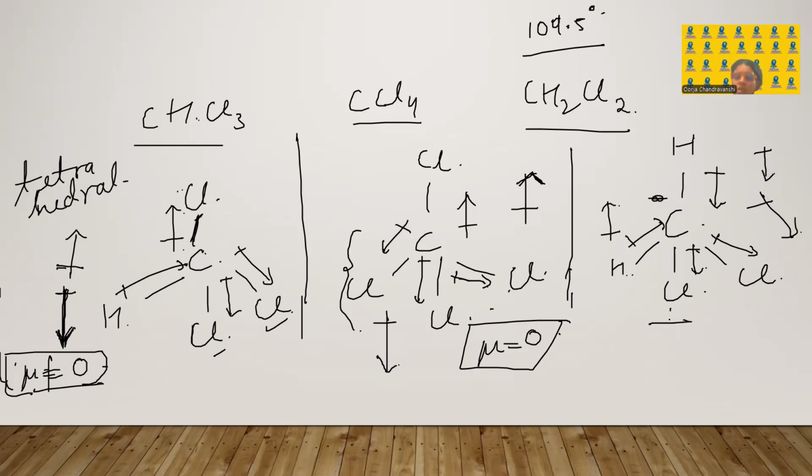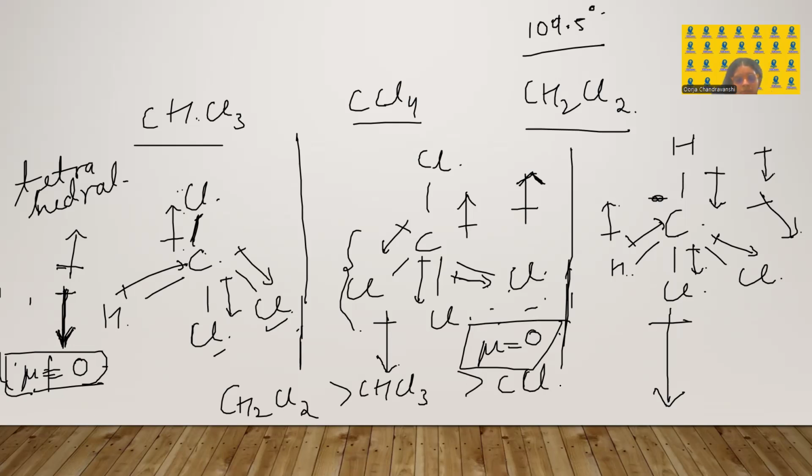But overall, you can see three of the dipole moments are going in the same direction. And in the previous case, only two dipole moments were in the same direction. So dipole moment would be the highest for CH2Cl2, then CHCl3, and then CCl4.